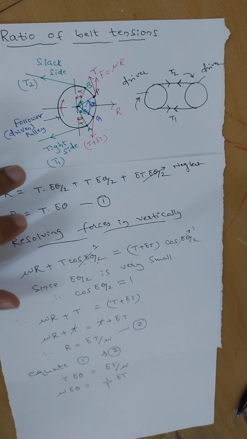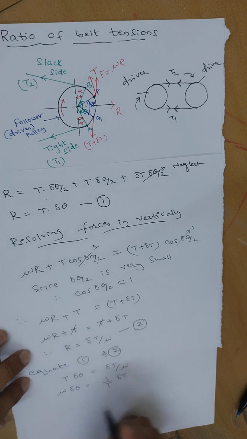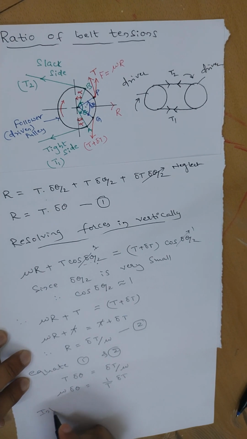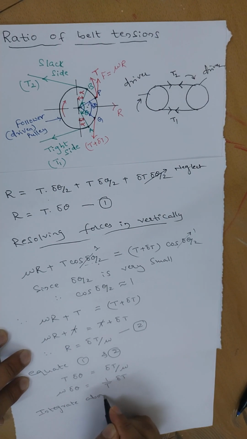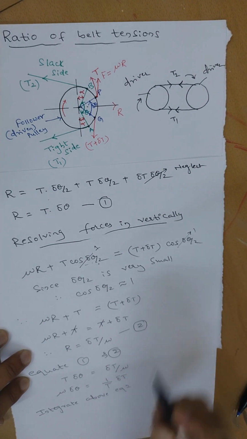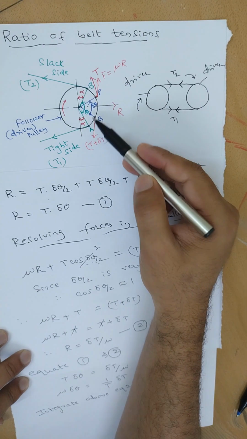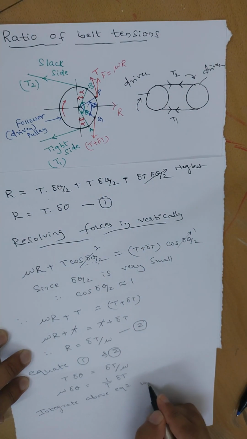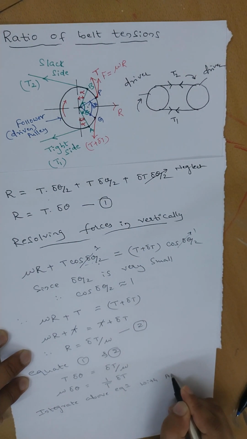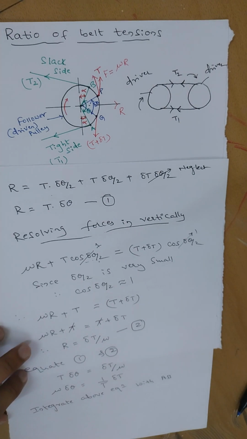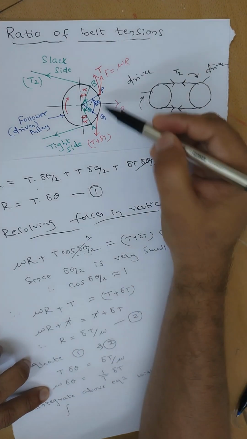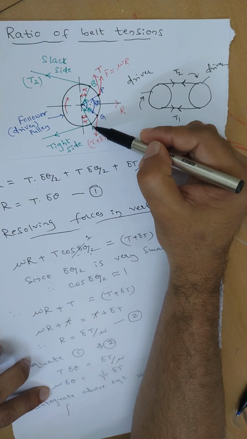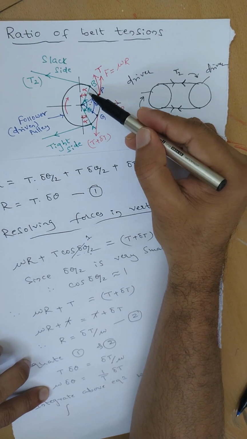Now integrate the above equation for arc AB, right? How we will get here? Integration of 0 to theta. This is full theta, I started from A to B, 0 to theta.